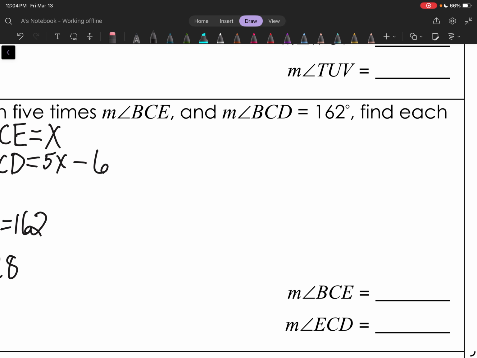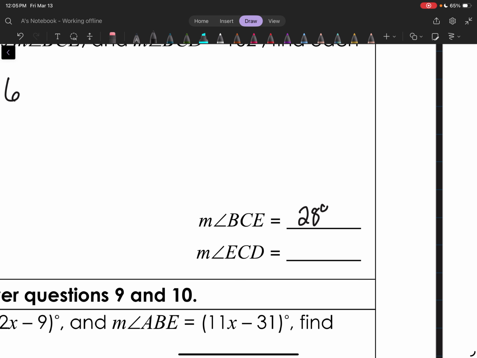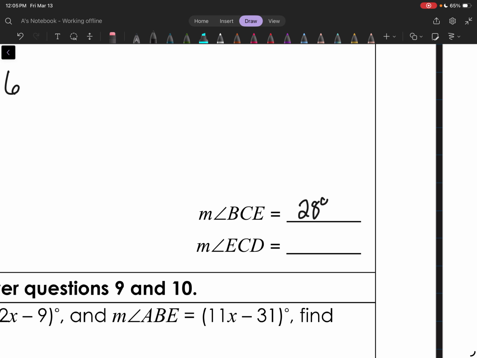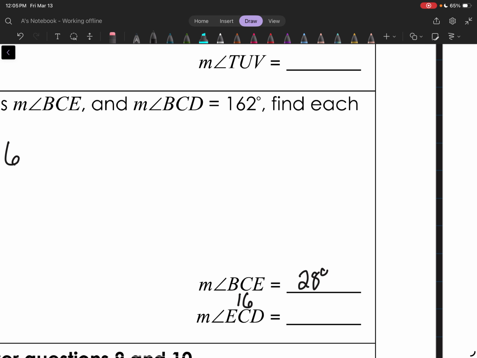The measure of BCE, which is just X, 28 degrees. The measure of angle ECD, now you again have an option. You can either plug this in, 5 times 28 minus 6, or you can do the entire angle measurement, 162 minus the 28 for BCE, and you can get 134 and call it quits.